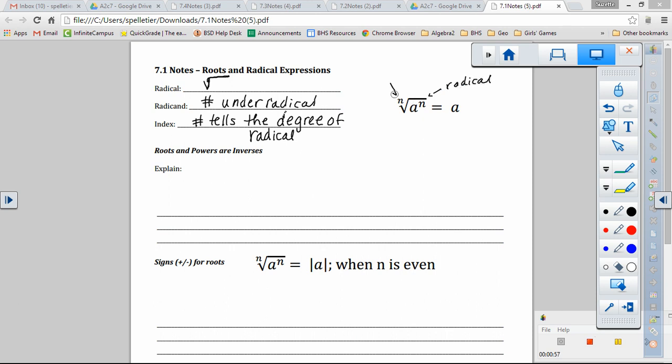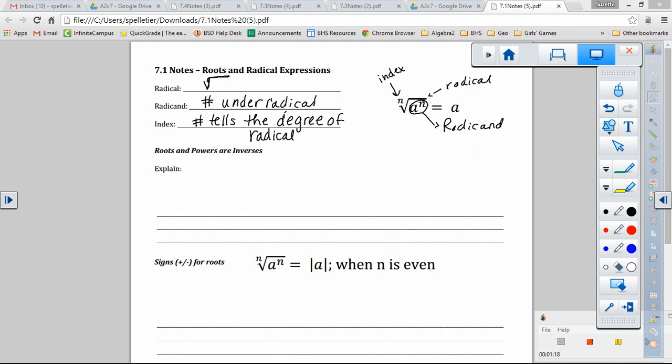We have the index telling us the degree of the radical, and then this number is the radicand. So the number under the radical, the radicand. Okay? So now you know when we're mentioning these things which thing we're talking about.